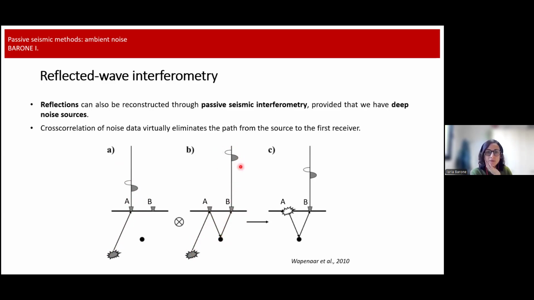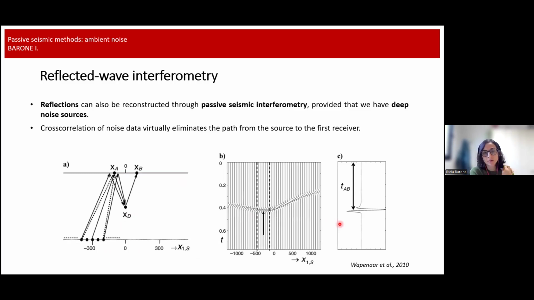So we have a delayed version of the wave recorded in A. And if we cross-correlate these two signals, what we get at the end is basically the same as having a virtual source in A that propagates down and is reflected back in B. So again, with cross-correlation, we can remove the paths from the source to the first receiver. So at the end, what we get is the reflection from A to B.